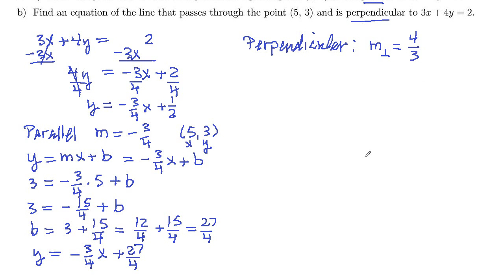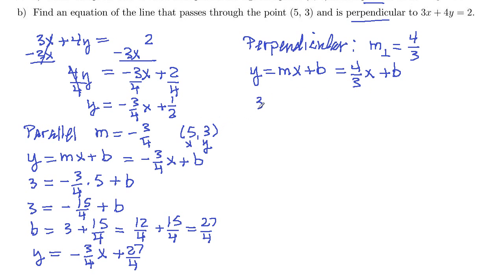So there's our slope. And now we can go ahead and plug into y equals mx plus b again. So this will now be 4/3 x plus b. And then again, we will plug in our point 5 comma 3 to get our y-intercept b.